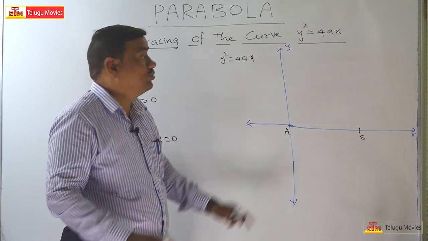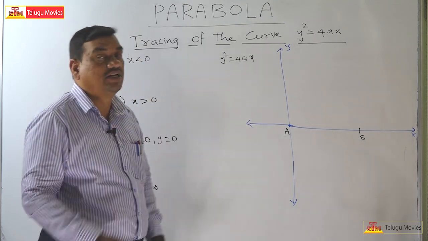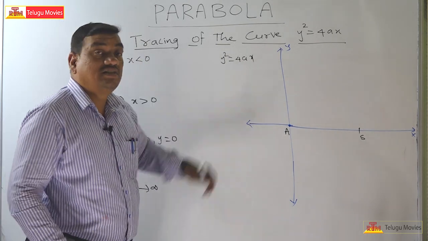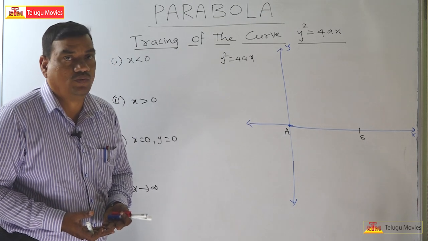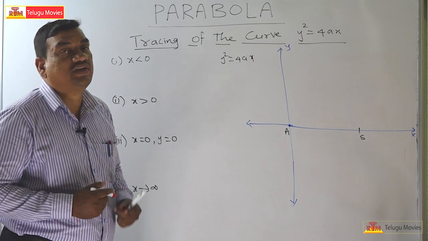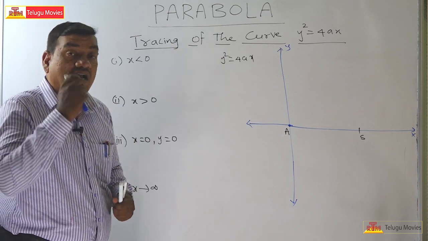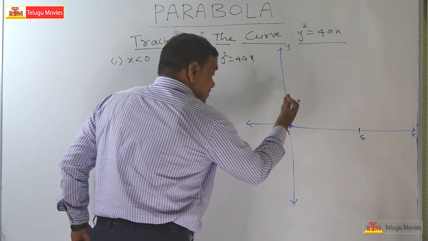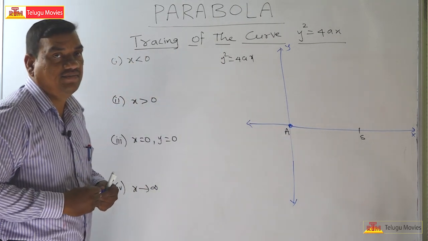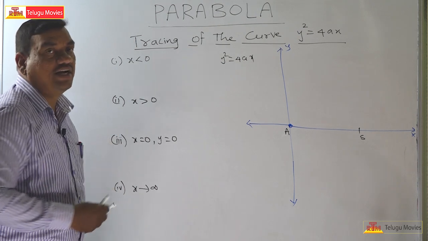So 4a is positive, therefore the right hand side is negative. Now, y square is negative. Is there any number whose square is negative? No. That means x less than 0, which is from A to the left hand side, the negative x axis.